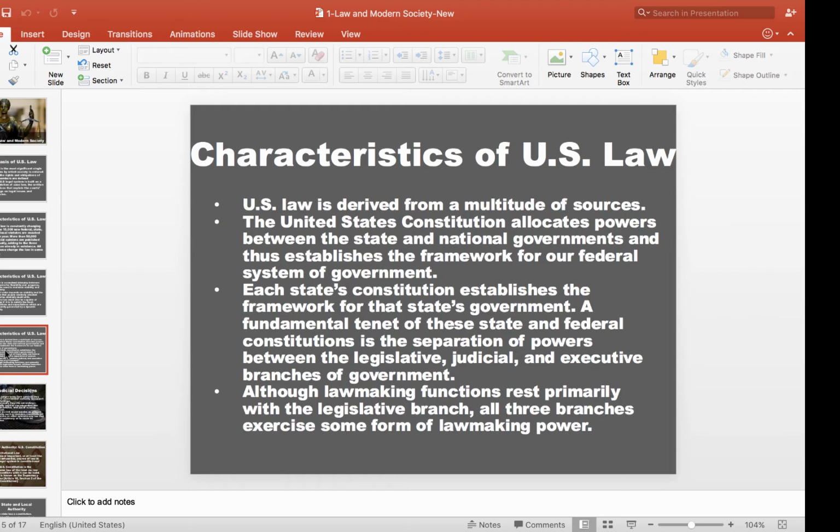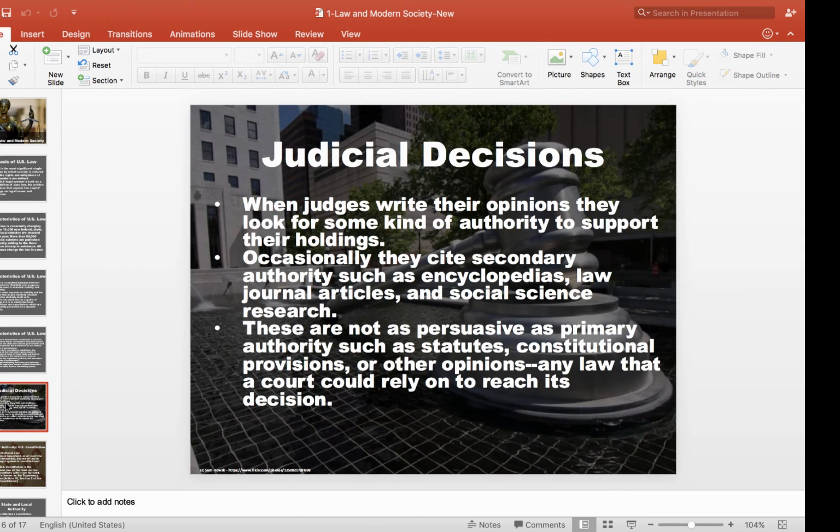And although lawmaking rests primarily with the legislative branch, all three branches exercise some form of lawmaking power. When we come to the central focus of this class, it largely rests on judicial decisions.